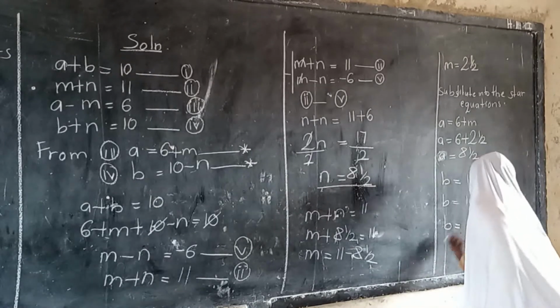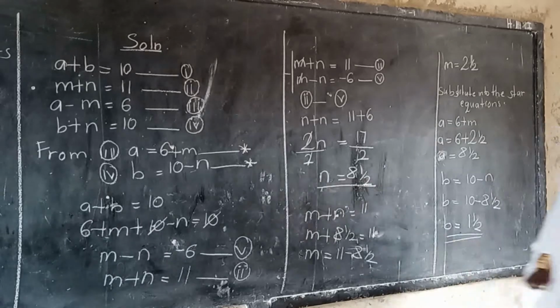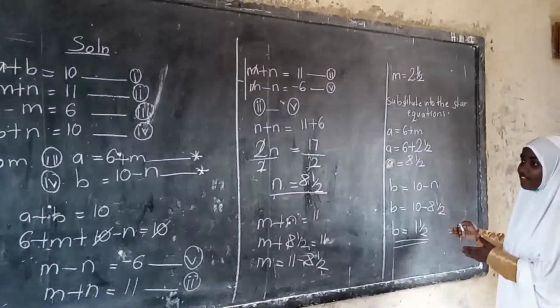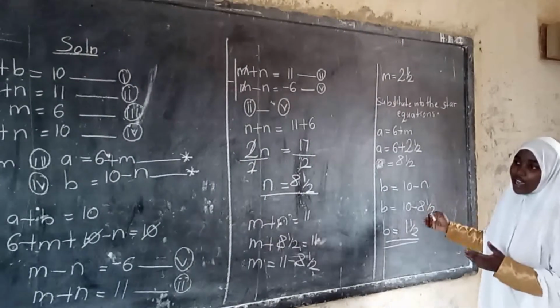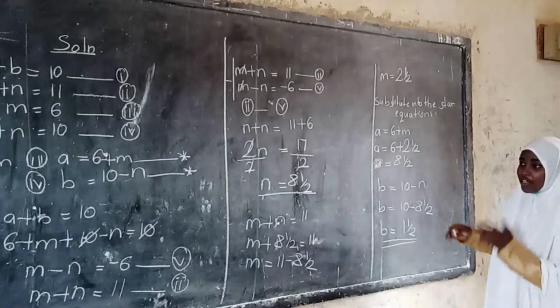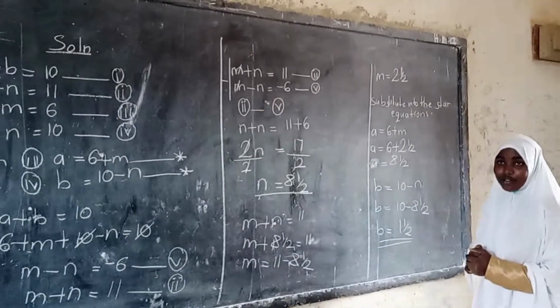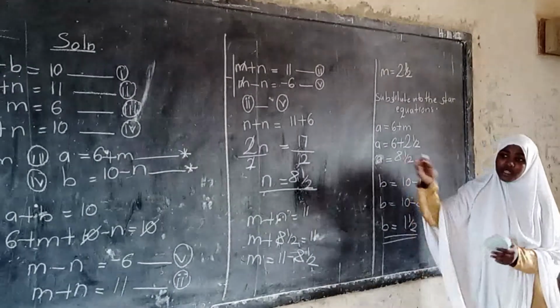B is equal to 1.5. Wow. Now we have the values of all our unknowns. A is equal to 8.5, B is equal to 1.5, M is equal to 2.5, and N is equal to 8.5.